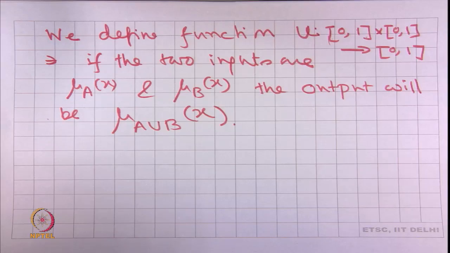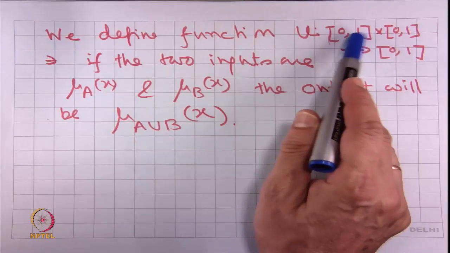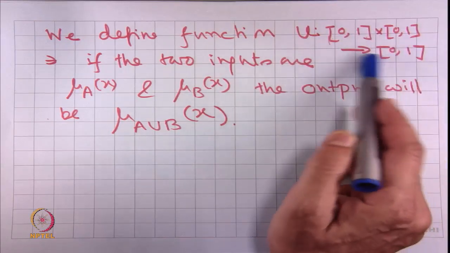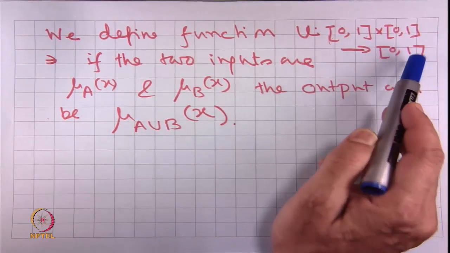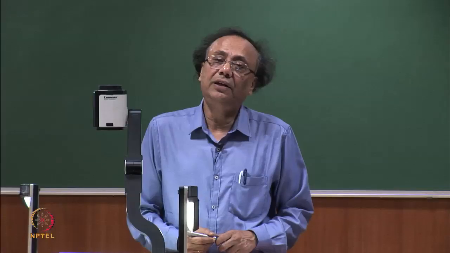Obviously, every arbitrary function defined from 0 to 1 cross 0 to 1 mapping into the real interval 0 1 is not a union function.